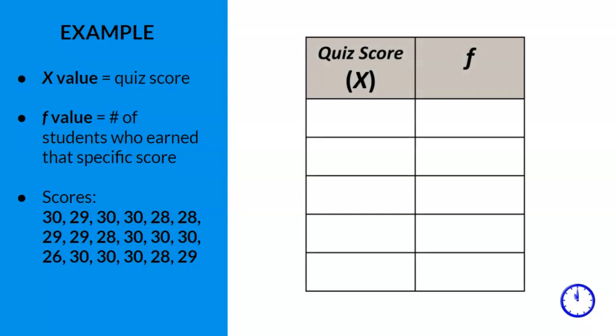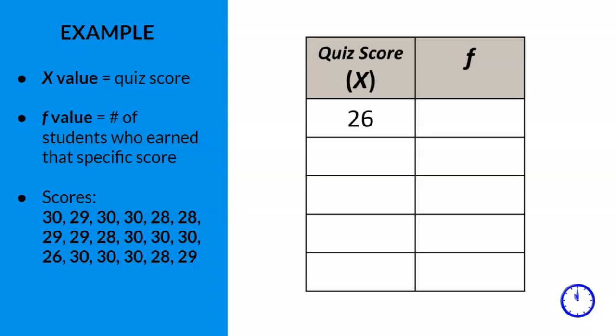Step 1 is to create the frequency table with 2 columns for X and F. Step 2 is to organize the X scores from lowest to highest values. The lowest score in the data set is a 26. So we'll have a 26 in the table.